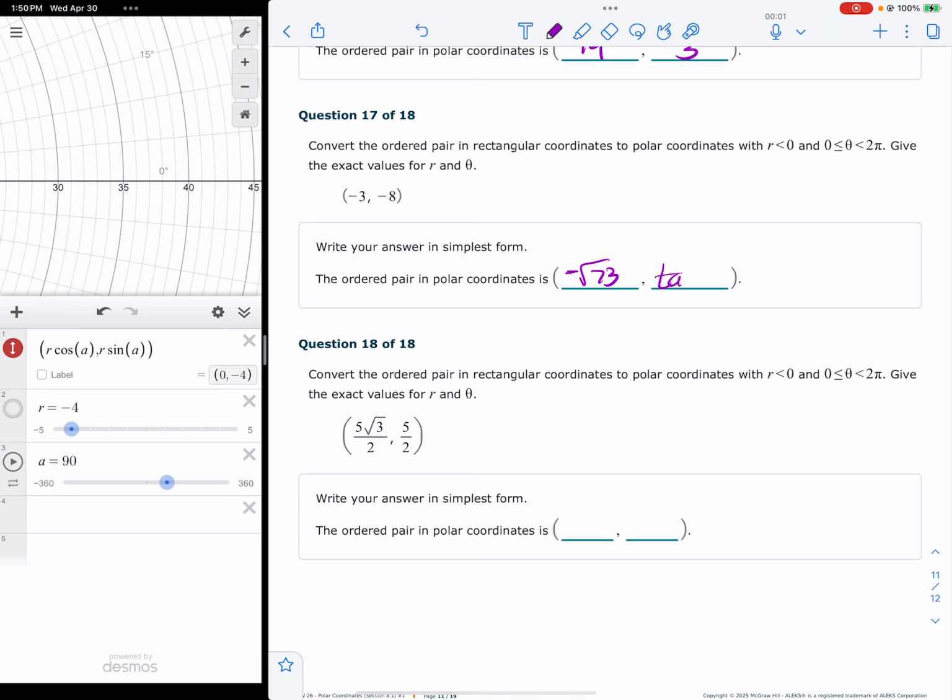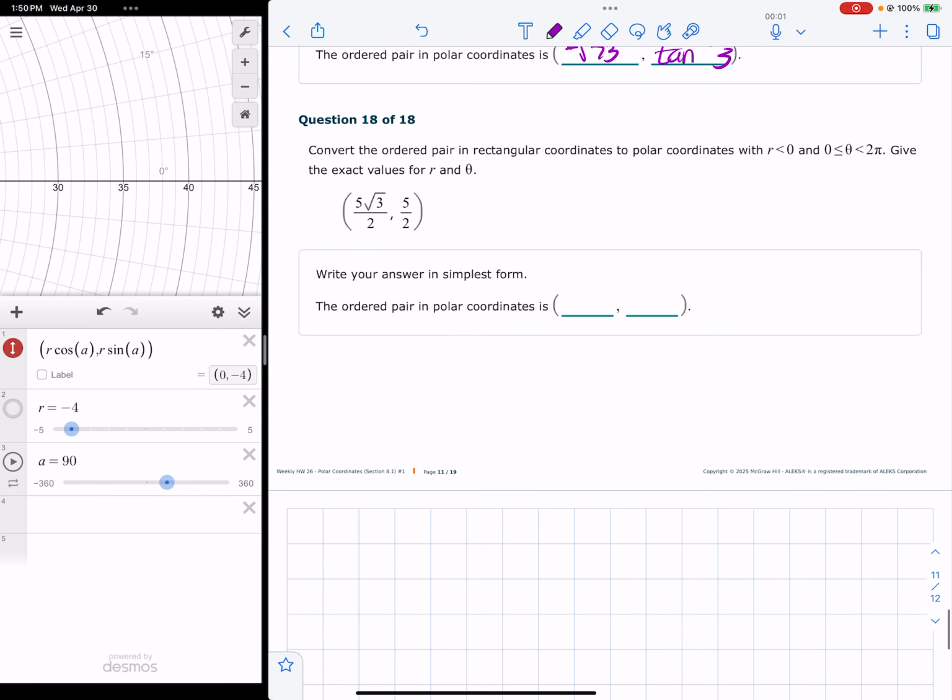So you can just leave it as inverse tan of 8/3, and you don't need to put plus pi. And then for 18, the answer should be negative 5 and 7 pi over 6. Yep, and there's nothing really mind-blowing about that.